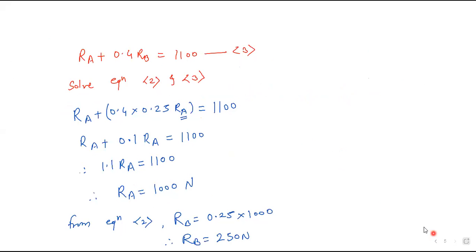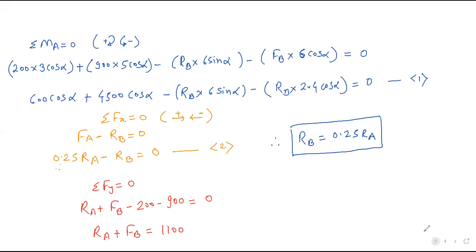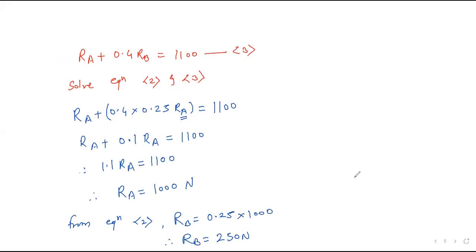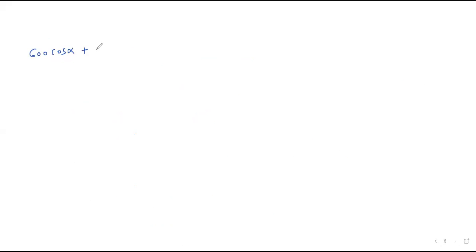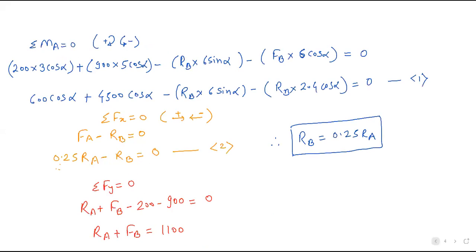Now I will write the equation. It is 600 cos alpha plus 4500 cos alpha minus this RB.